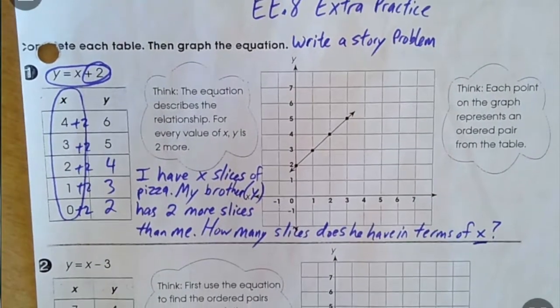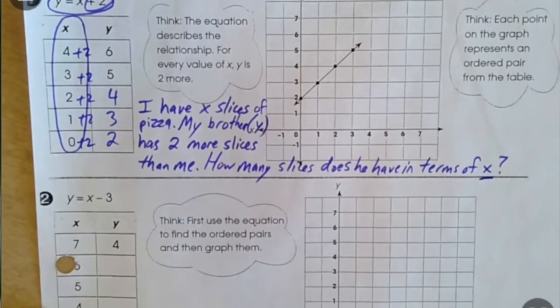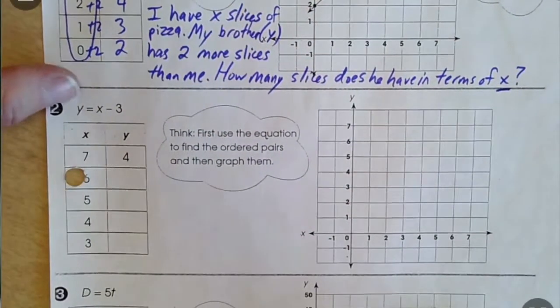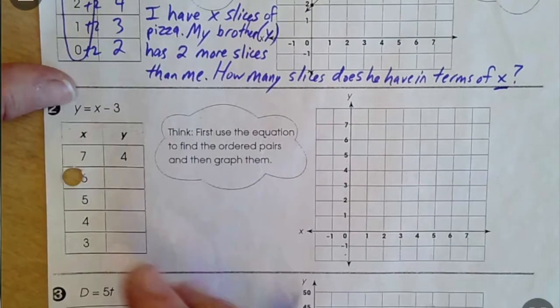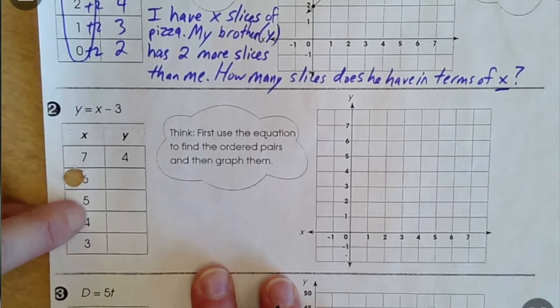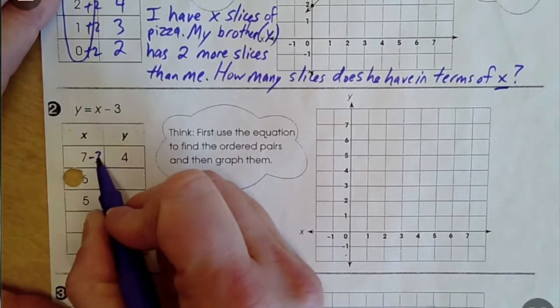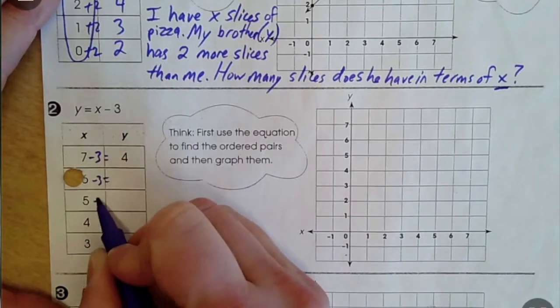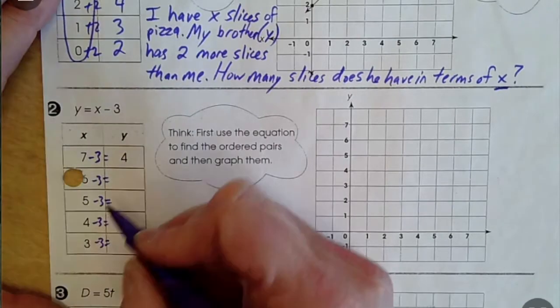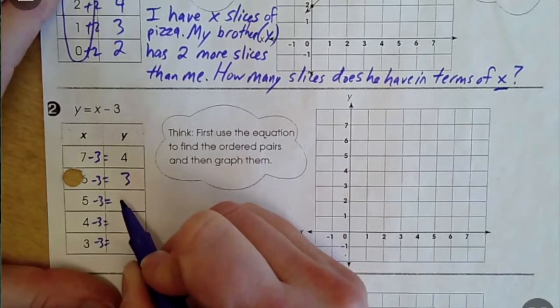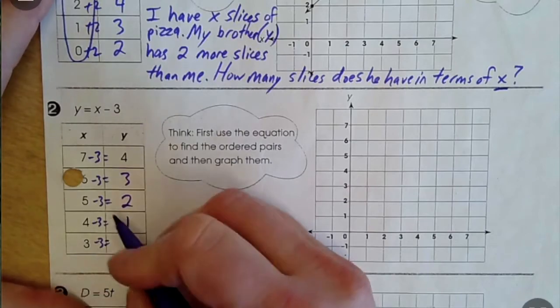So I want to also look at the next example, y equals x minus 3. So you're taking your x and you're subtracting 3. So all these numbers are your x, you need to subtract 3 to get y. So you can put that in here, minus 3, minus 3, minus 3, minus 3. That'd be 2, 1, and 0.